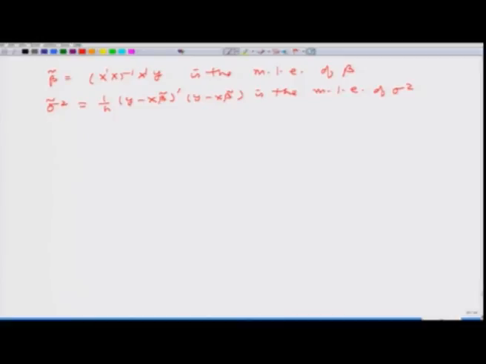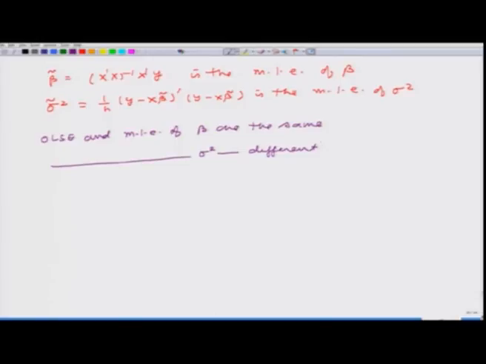One thing you have to notice here is that the ordinary least square estimator and maximum likelihood estimator of beta are the same, whereas the ordinary least square estimator and the maximum likelihood estimator of sigma square are different.